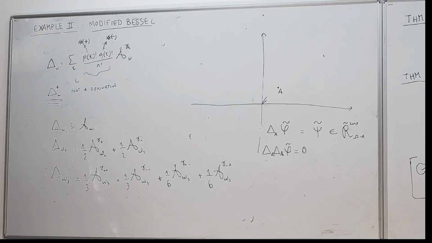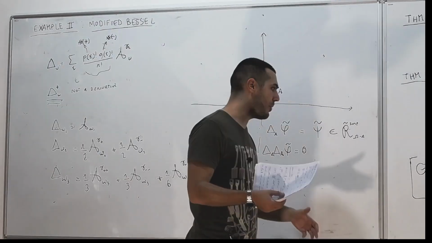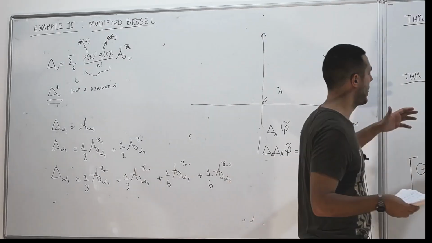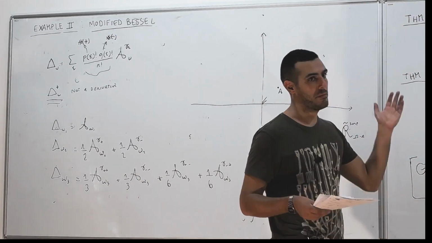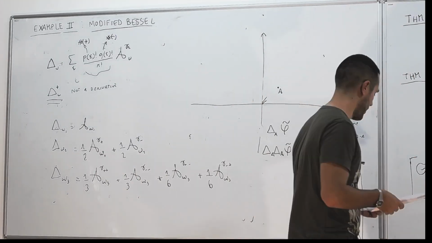So I would like now to move to the final example, because so far, okay, we have found some nice structure. We have found a way of encoding the discontinuity across some Stokes line using the alien derivative.